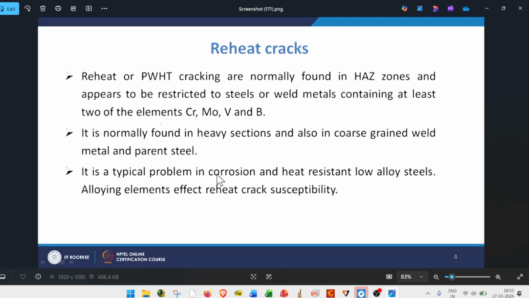It is a problem in corrosion resistant metals because we generally add chromium and nickel. Carbon in the steel is prone to react and form carbides, which results in the formation of cracks.